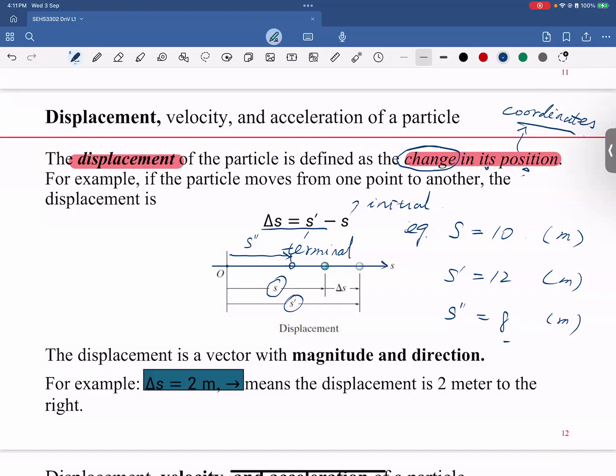So 12 minus 10 is positive. Sometimes negative, right? 8 minus 12, or 10 minus 12, or 8 minus 10, right?